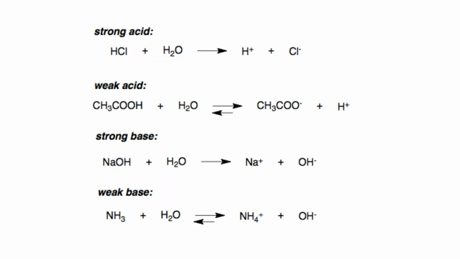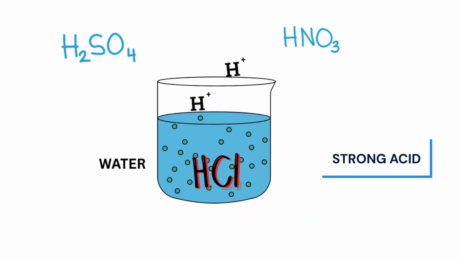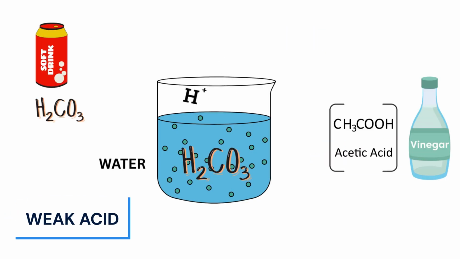It is also important to understand the difference between strong and weak acids and bases. A strong acid, such as hydrochloric acid, nitric acid, or sulfuric acid, ionizes almost completely in water and releases nearly all of its hydrogen ions. A weak acid, such as acetic acid in vinegar or carbonic acid in soft drinks, only ionizes partially and releases only some hydrogen ions.